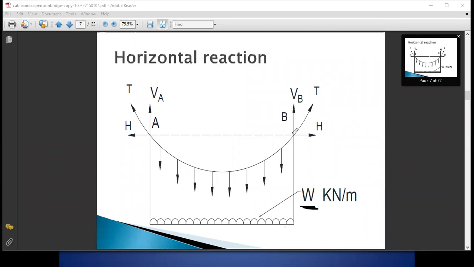Then this at the end, you may call it a tower, or you can take the span as point A and point B.